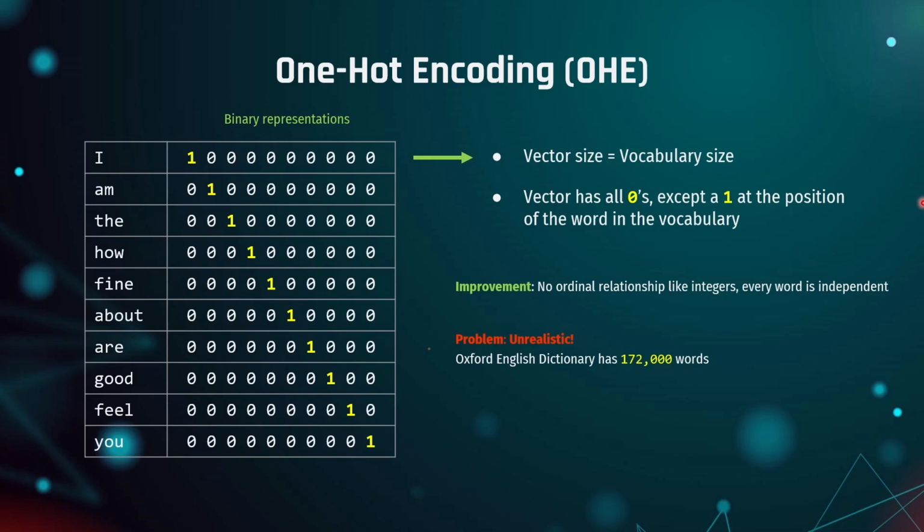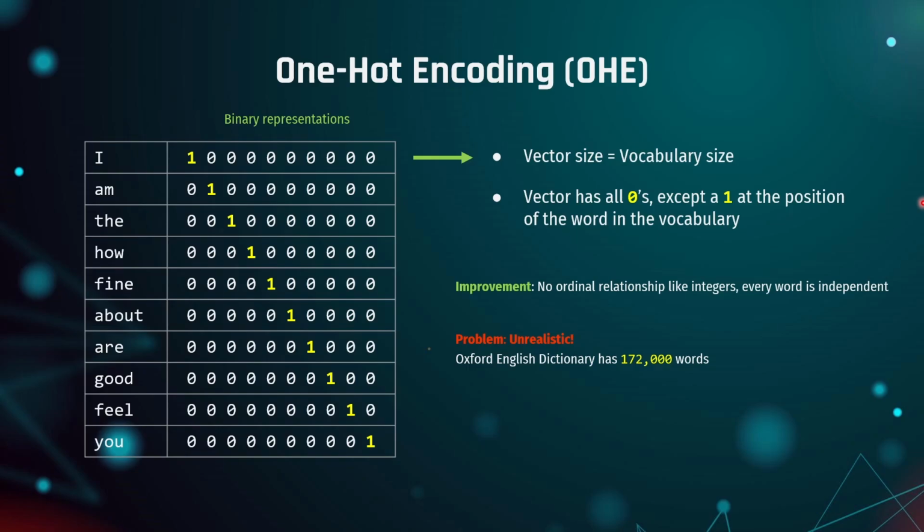So যদি আপনি খেয়াল করেন, আমাদের imaginary vocabulary has only 10 words. তাতেই আমাদের vector representation গুলা, the length of our representations, it's basically 10, right? Which is already lengthy enough.